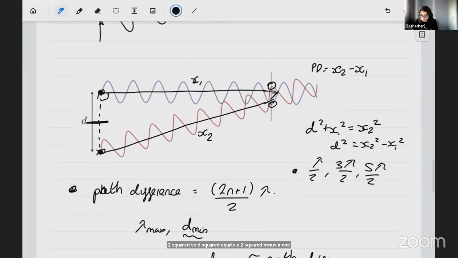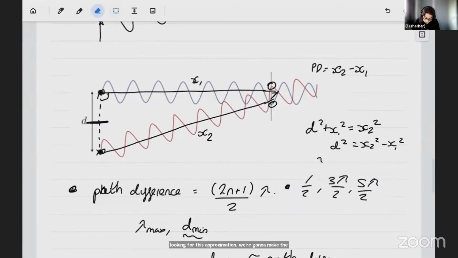And because we're looking for this approximation, we're going to make the assumption that that is approximately x2 minus x1 squared. And obviously we know this isn't the case always, which is why we can say that D is the same order of magnitude as the path difference.